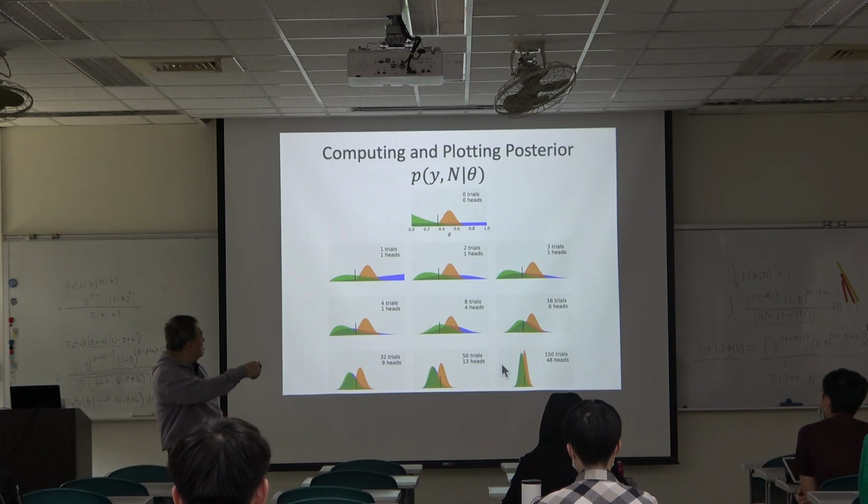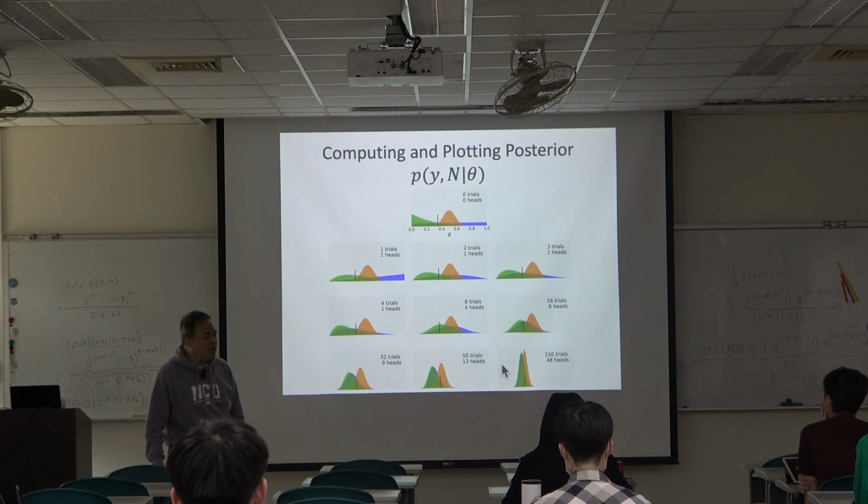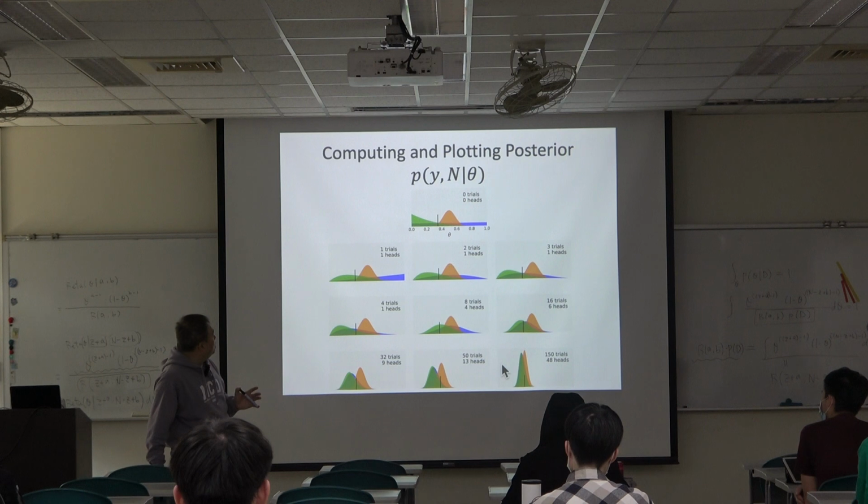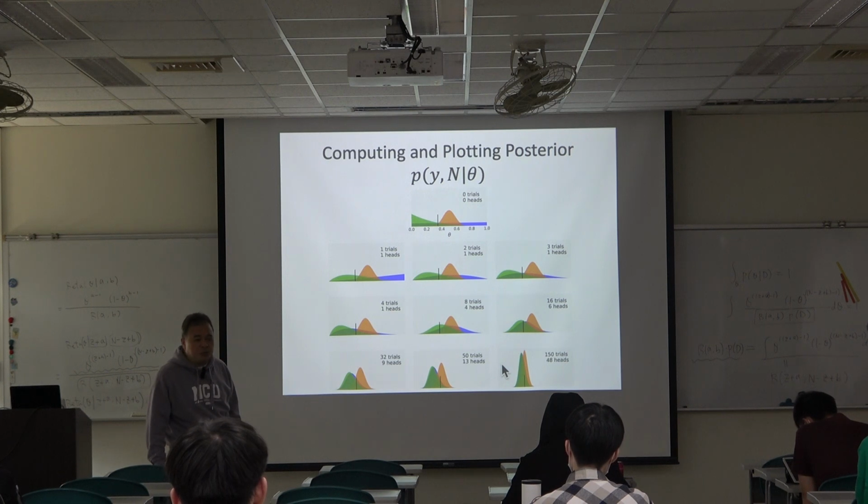And the green one is skewed toward the situation that the coin is likely to flip to get tails, right?